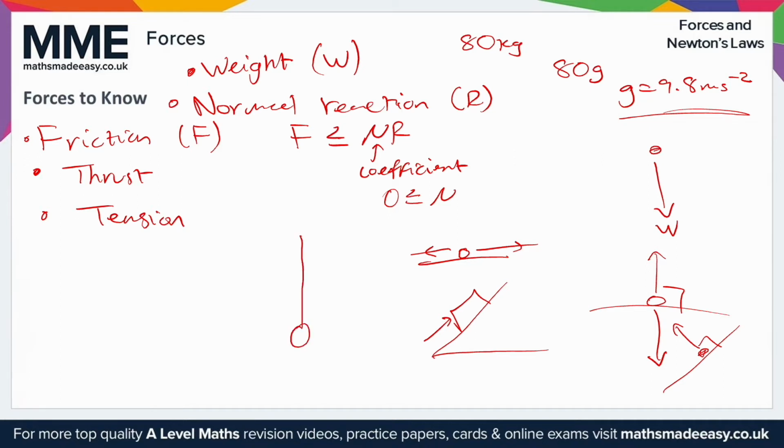Well, we've got this weight pulling down. The weight, let's just say it's mg. We don't know the mass of the particle. Because obviously it's dangling, it's not moving down, it's not going up, there must be some force pulling it up as well, and that's actually the tension in the string that would have to be equal and opposite, so mg. And we assign tension the letter T for tension.